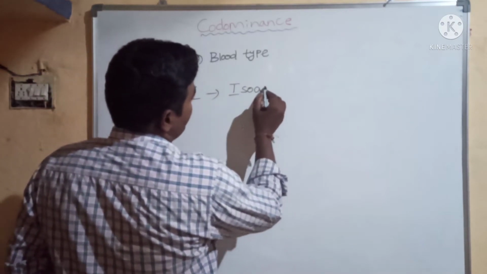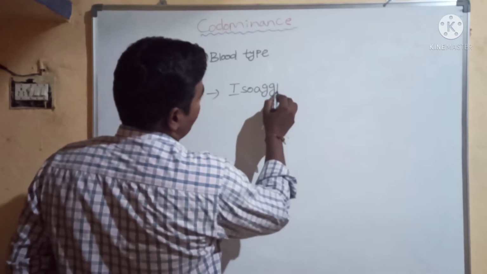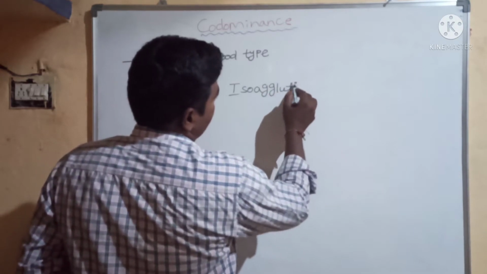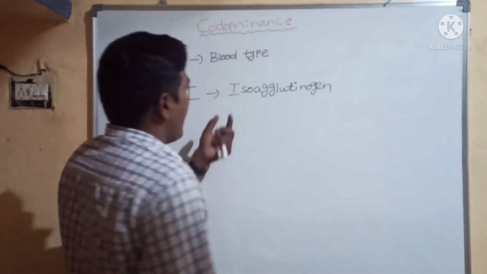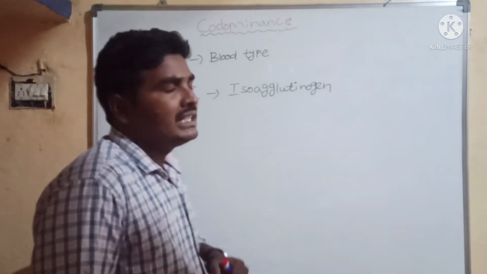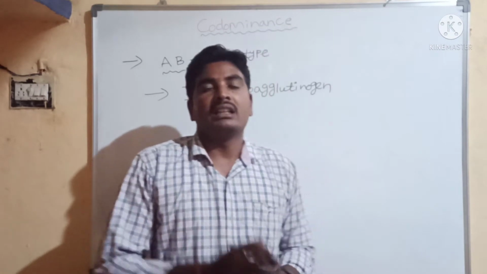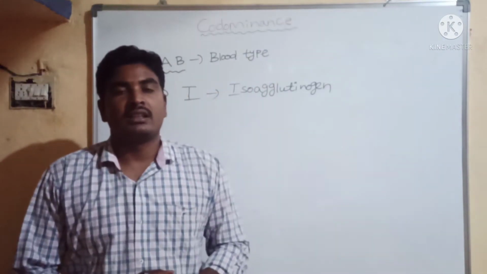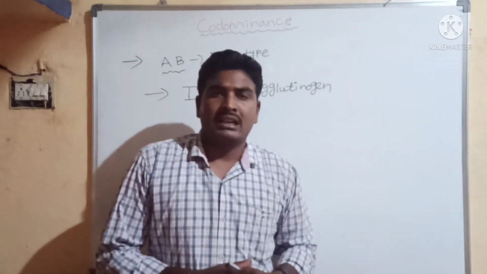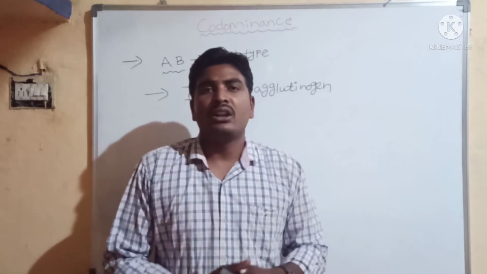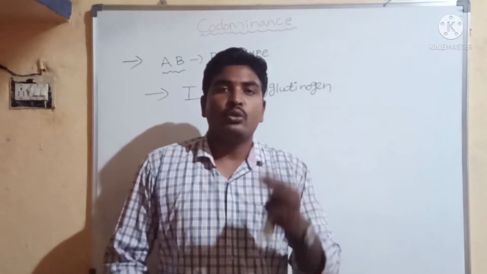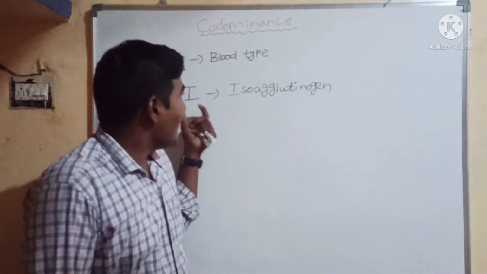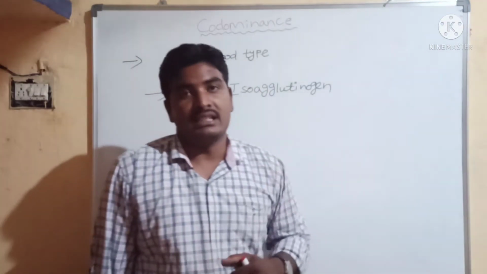Isoagglutinogen. The I gene has three different alleles, but a normal gene contains two alleles.